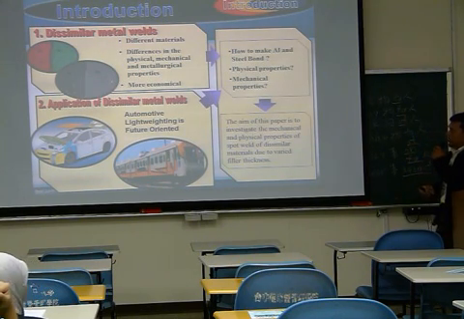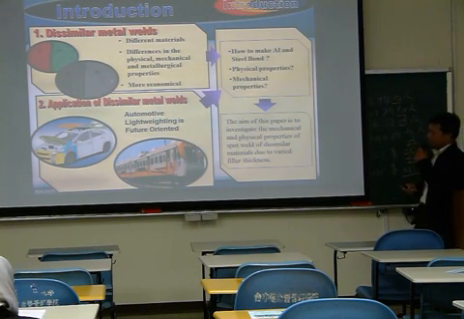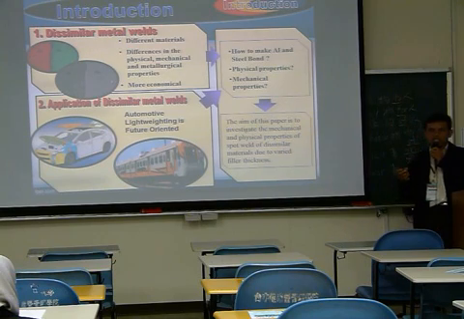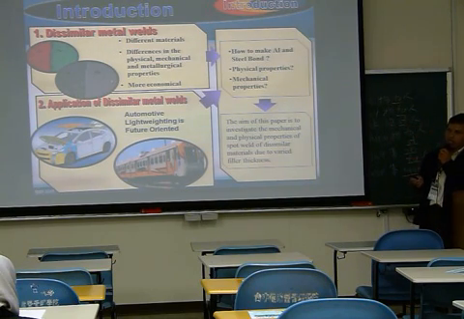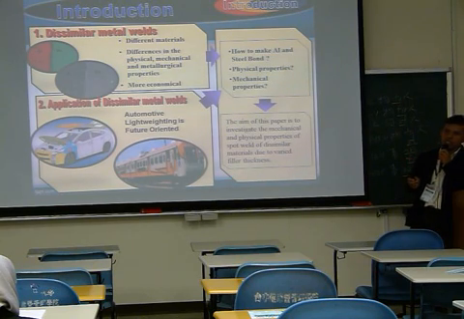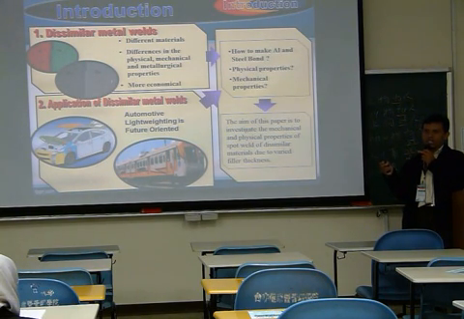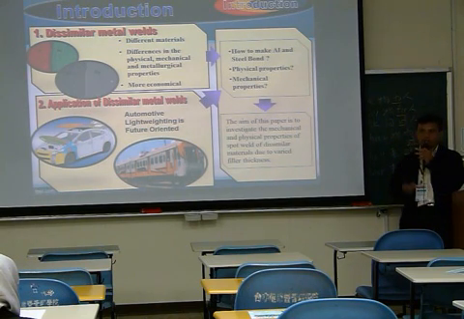But in this case, we will use dissimilar metal material in one construction, steel and aluminum. Aluminum is a light material, but its strength and thickness are very low, so I combine steel and aluminum.